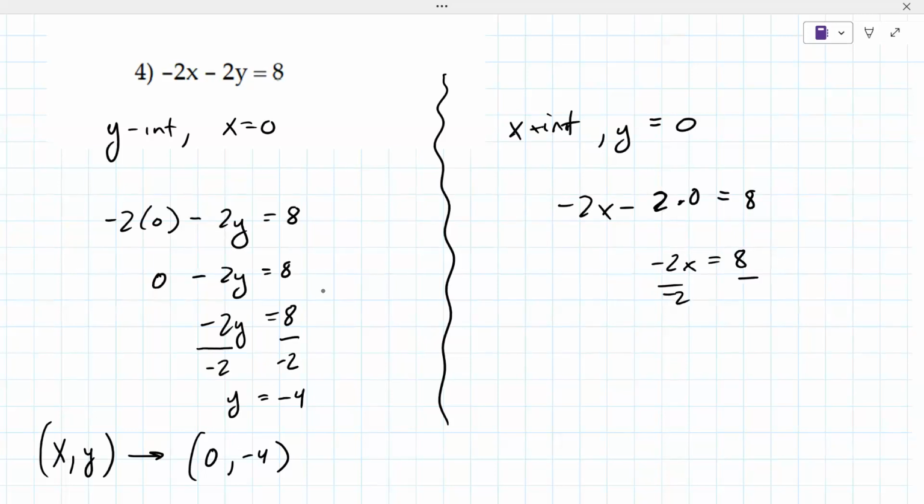It is -4, yeah. So the ordered pair is -4, 0. Any questions on that? All right, do you want us to go to page 3 or page 2? What would be best for you? Page 3. Page 3, all right.